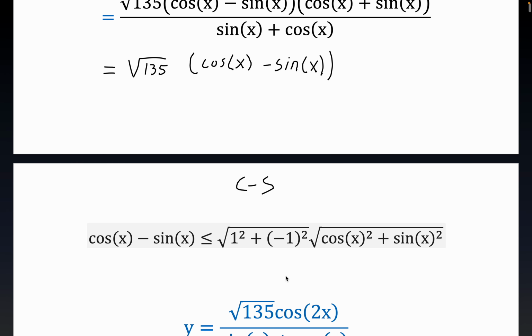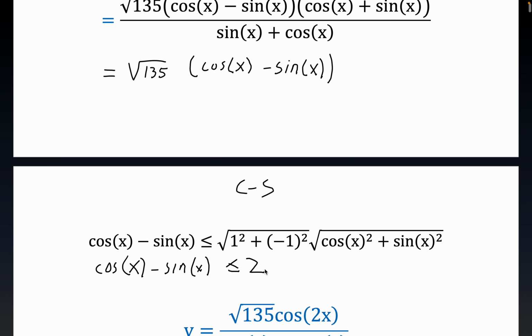But notice that this is the well-known trig identity that's always equal to 1. And so what we get right here is cosine x minus sin x is less than or equal to 2. And this is for all x, right?